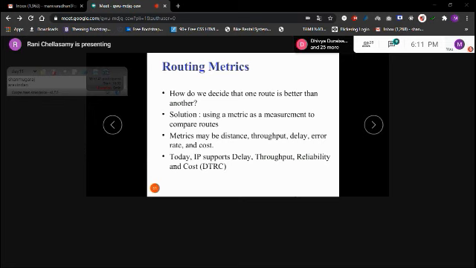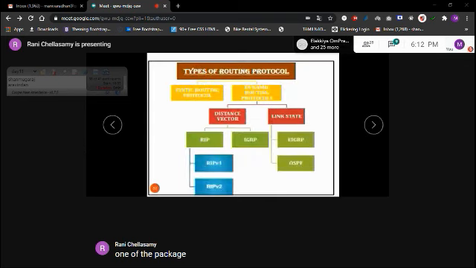Now the routing protocol is classified into two types. One is the static routing protocol. Under static, you can have the fixed routing protocol, and the next one is the dynamic routing protocol. Under the dynamic routing protocol, you can have two types: one is distance vector, the other one is link state.